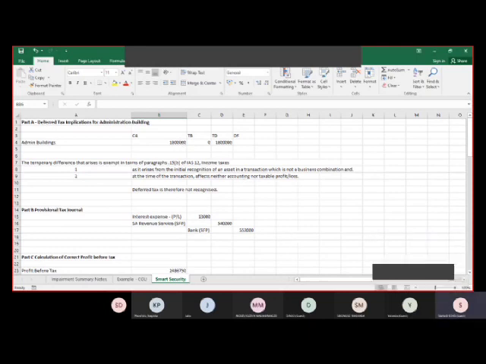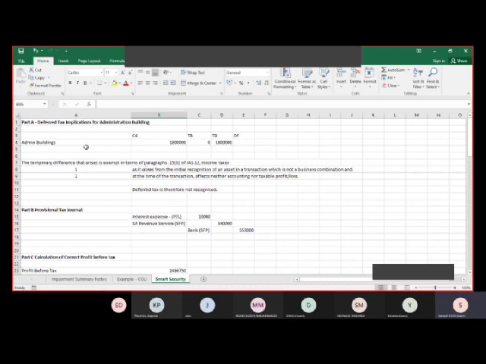So now what we have here as the first question, part A, they are saying discuss the deferred tax implications, if any, relating to the administration property in the annual financial statements of Smart Security Limited for the year ended 31 December 2020.